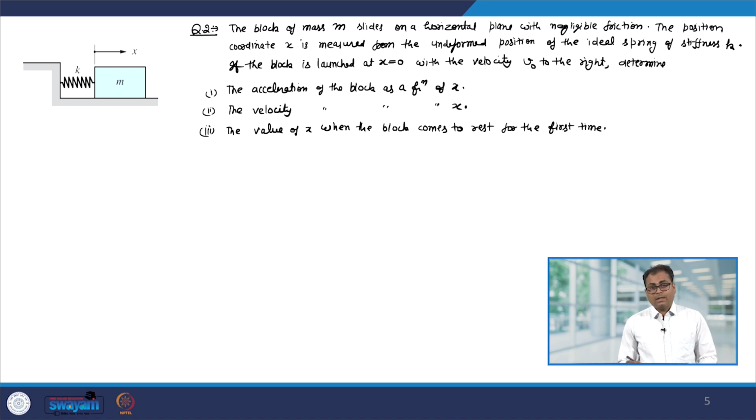Okay. So, again this is a one dimensional problem and can be easily solved in Cartesian coordinate. Therefore, let us use summation f x equal to m x double dot, which is acceleration.